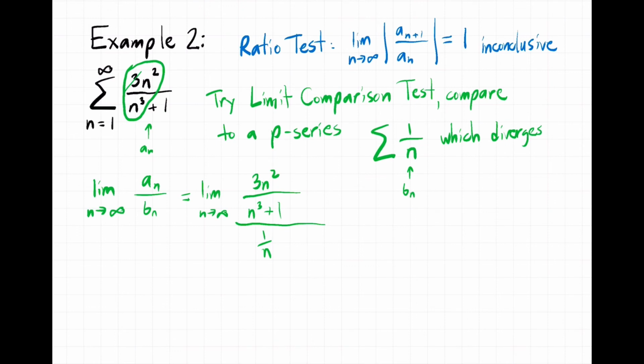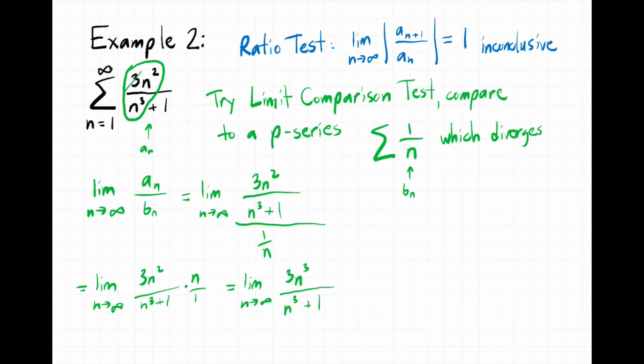Let's actually finish computing this limit here and see what we get. So we have the limit as n goes to infinity of 3n squared over n cubed plus 1. And again, instead of dividing by 1 over n, I could have right from the beginning said times n over 1. So we get the limit as n goes to infinity of, let's see, 3n squared times n is 3n cubed over n cubed plus 1.